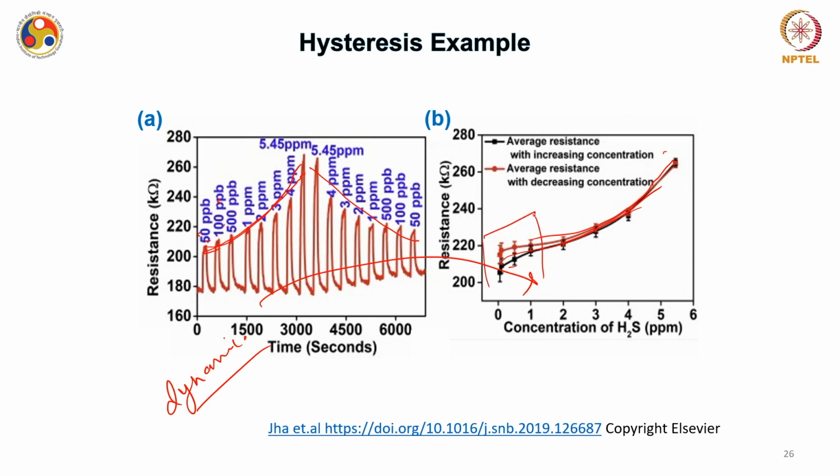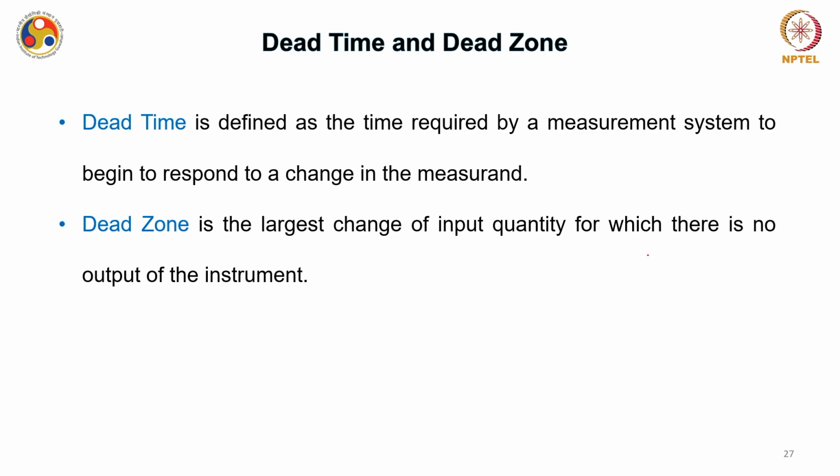I would like to see whether they coincide over each other. If not, the sensor or transducer has a good amount of hysteresis. For this data, I can say that in the lower concentration range the transducer has higher hysteresis as compared to the higher concentration range.